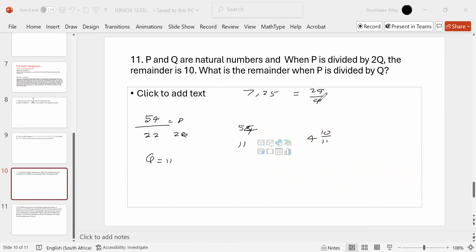So they say that this thing is divided by 2q, the remainder is 10. So at the moment now, the remainder is 1. But then when you multiply this by 2, this is the same as that. Now the remainder is 2, you see. So you have to multiply this by 10.